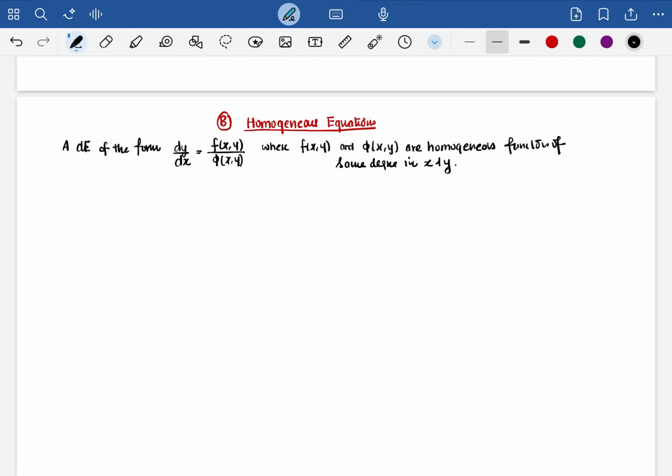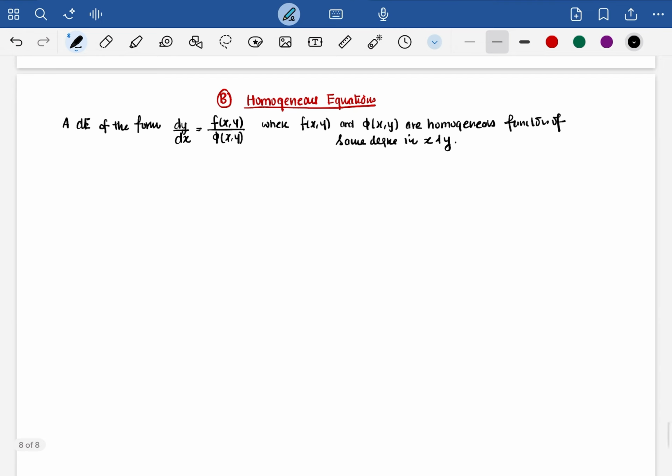Basically, the degree should be the same. So before going into much depth, let's first discuss what a homogeneous function is.